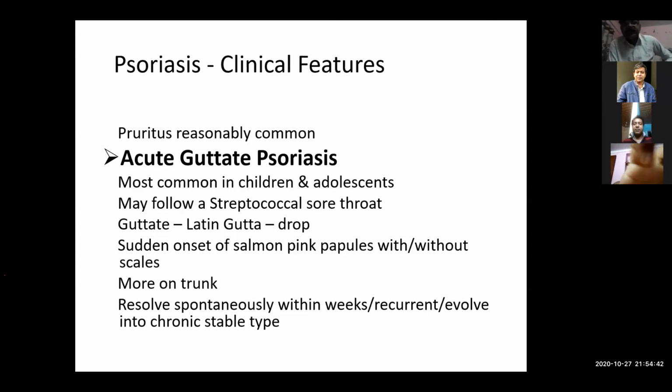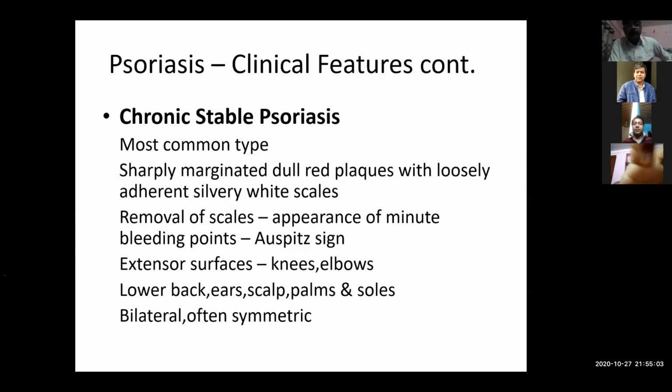In Indian skin type 4, 5, we cannot properly appreciate the salmon pink color. They may or may not have scales. This is more seen on the trunk, and usually acute guttate psoriasis resolves spontaneously within weeks or may sometimes evolve into the chronic stable type.